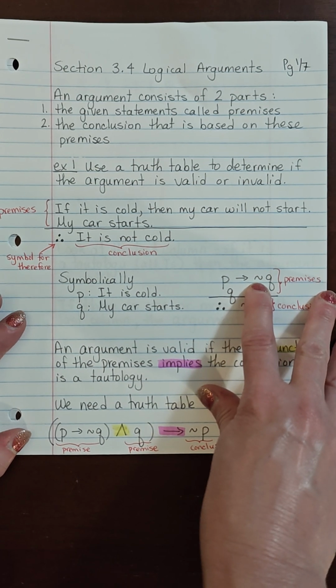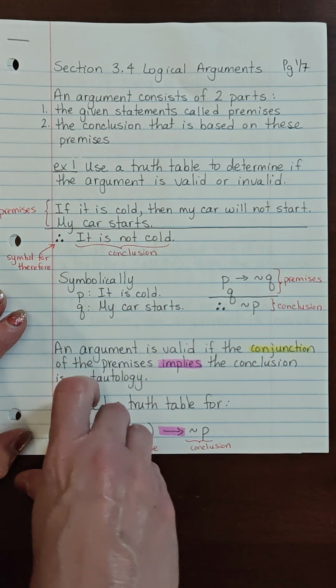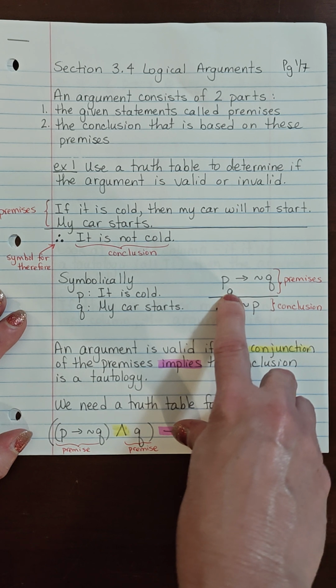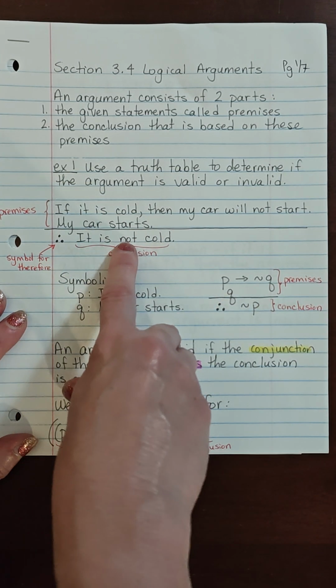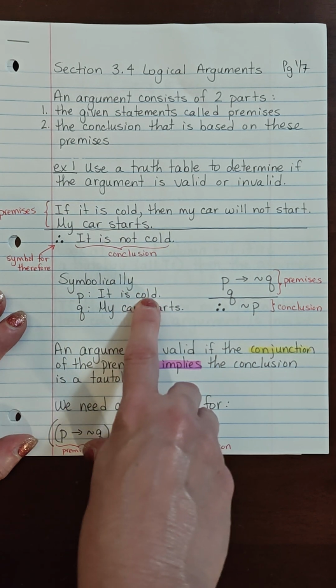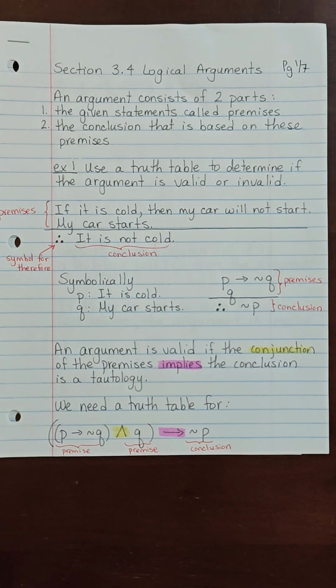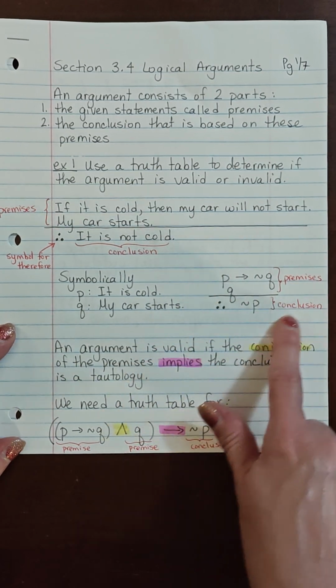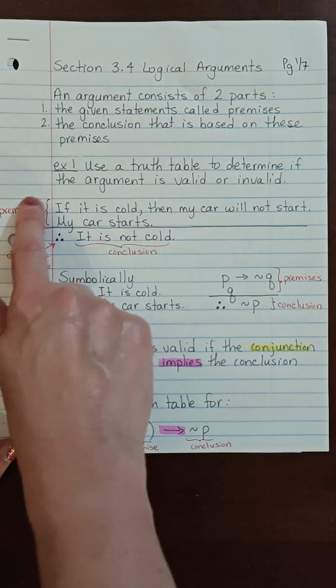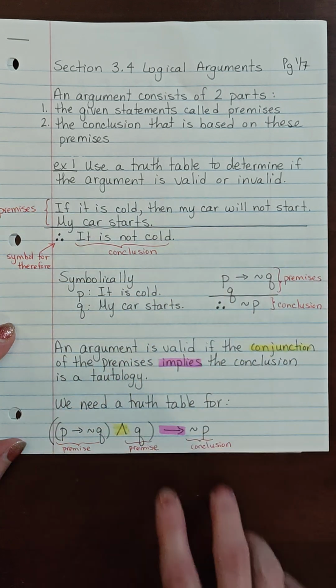My car starts. Okay, that's just Q. And then I've got my conclusion. Therefore, it is not cold. P is the statement, it is cold, so I have to put a not symbol on P. So here is this argument written symbolically.